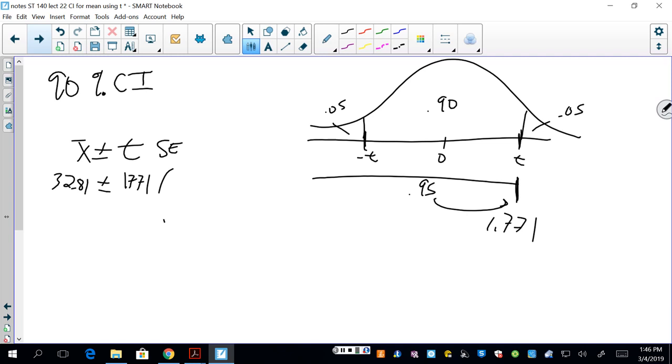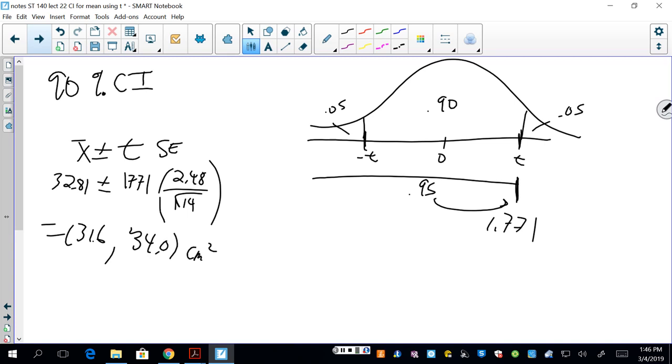Our standard error was 2.48 over the square root of 14. And that comes out to be 31.6 to 34.0 square centimeters. A little narrower, but we're a little bit less confident that it actually covers.